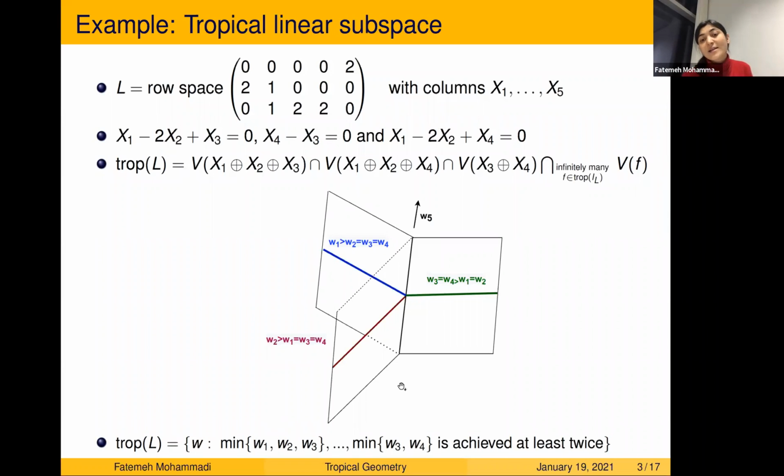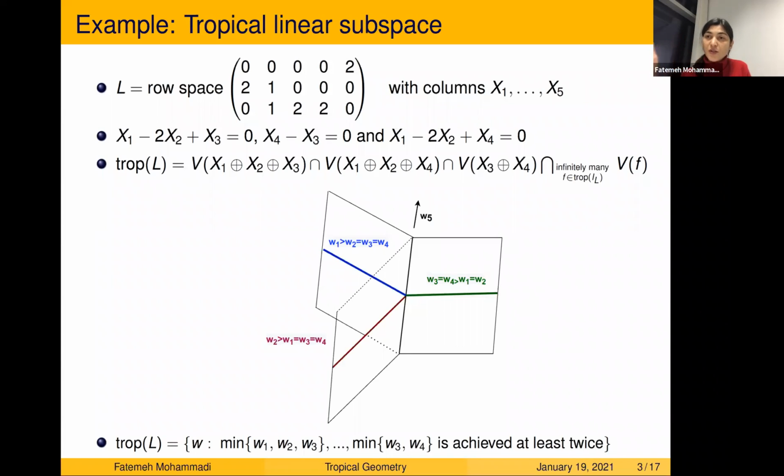Because W5 is redundant, I can mod out by W5 and look at only these 3 rays. So my tropicalization modulo this line coming from W5 is actually just these 3 rays. Okay, is there any question here about the example?